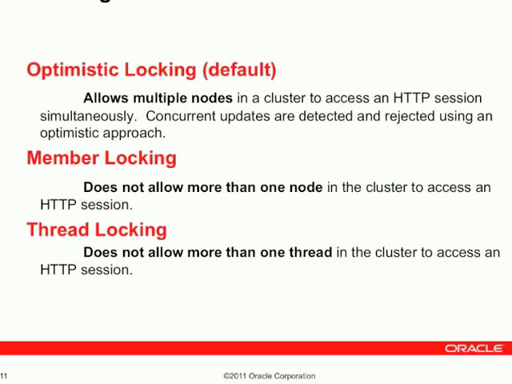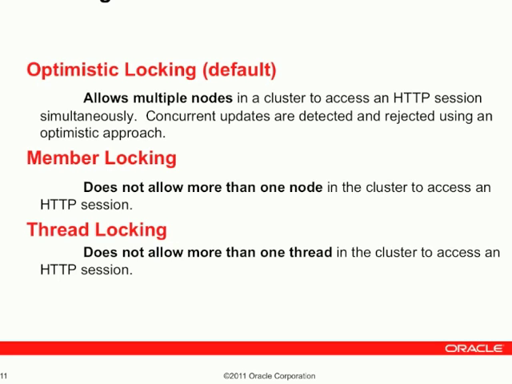Now, thread locking, the third locking mode option, is even more restrictive. It doesn't allow multiple threads of execution in the same member to access the HTTP session object. So in this case, the individual thread of execution creates a lock.